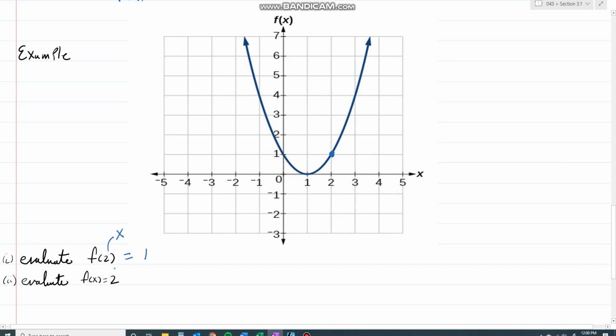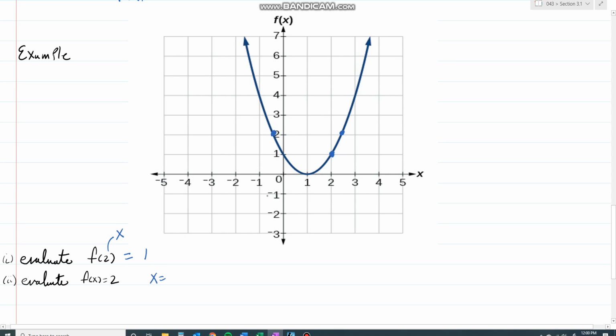Now, what about this one? F of x equals 2. F of x equals 2 is like saying, okay, I'm looking at y equals 2. Now, what are the x values when y equals 2? I have one right here, and I have one right here. Unfortunately, they're not quite perfect, so I have to guess what's going on here.